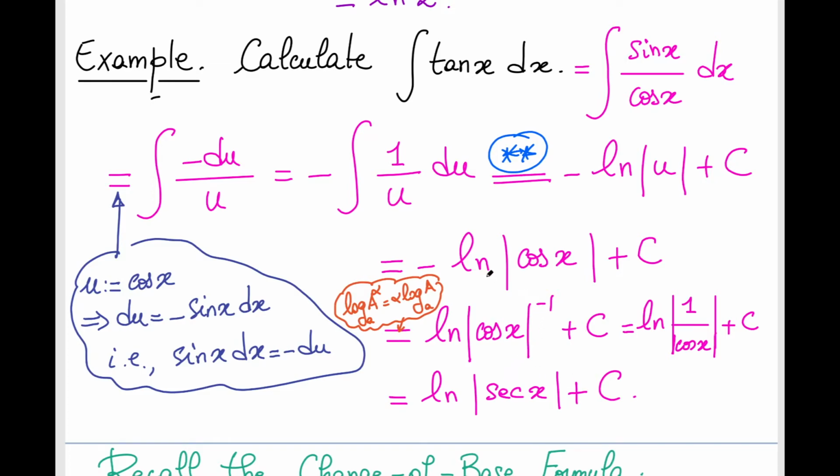Some people use that. Obviously c is a real number, arbitrarily chosen. So some people use this as the primitive of tangent, some people use that. They're the same, so decide which one is your favorite and go with it.